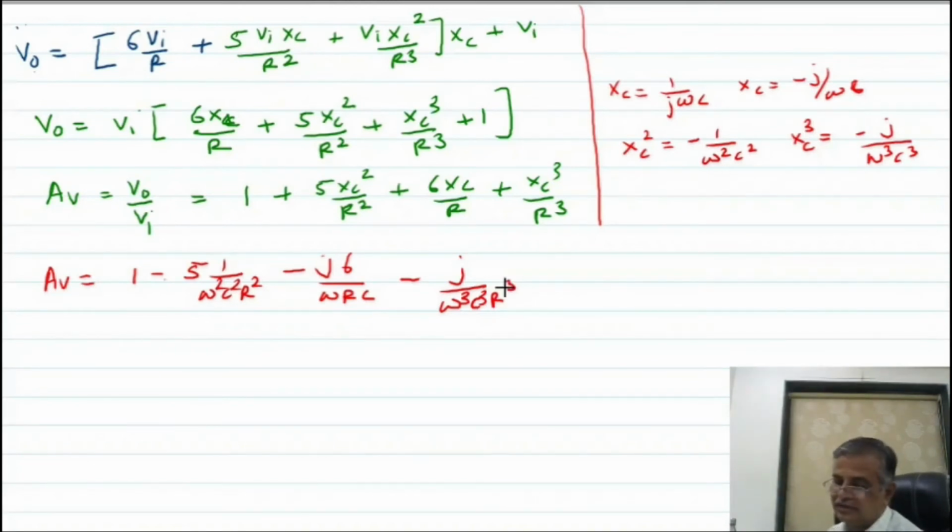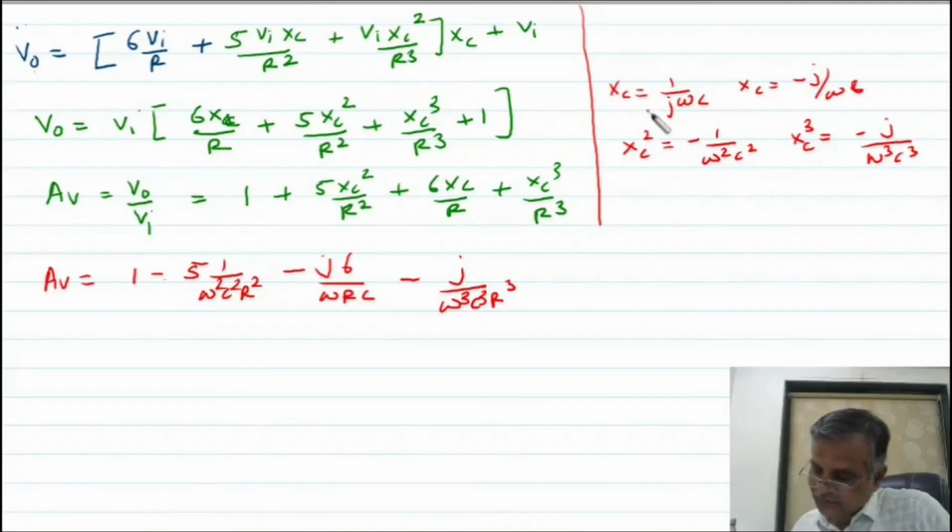Let me check if there is a mistake or not. 1 upon j omega c, minus j by omega c, minus j by omega c. X square, minus minus, j square is minus 1 upon omega square, and the cube is again j cube.